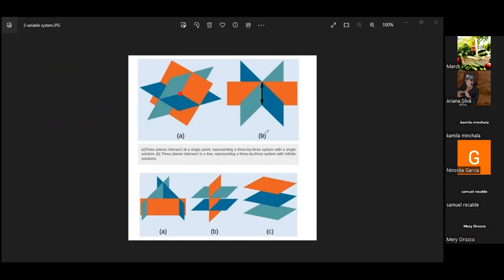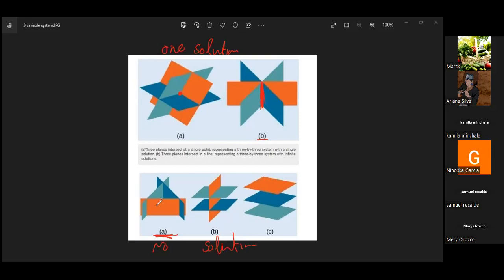In the second one, you can see this one has one solution. The first one is unique, it's a point. The second one is a line, so it will have infinitely many solutions, because this whole line is the solution. And in these ones, there are no solutions.